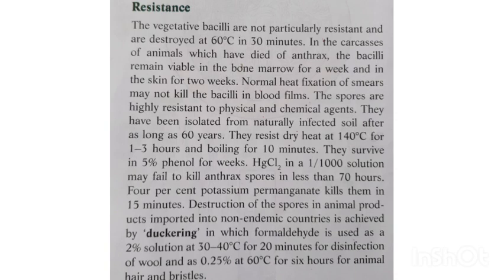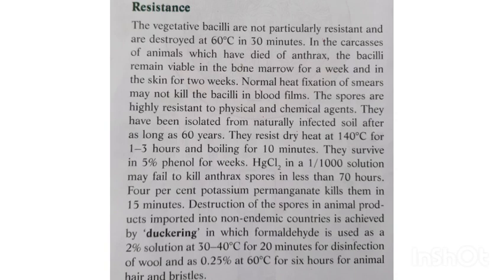In some countries, animal products containing spores are destroyed by a method known as deckering. Deckering is the method used to destroy the spores present in imported animal products. This is achieved by treatment with formaldehyde.